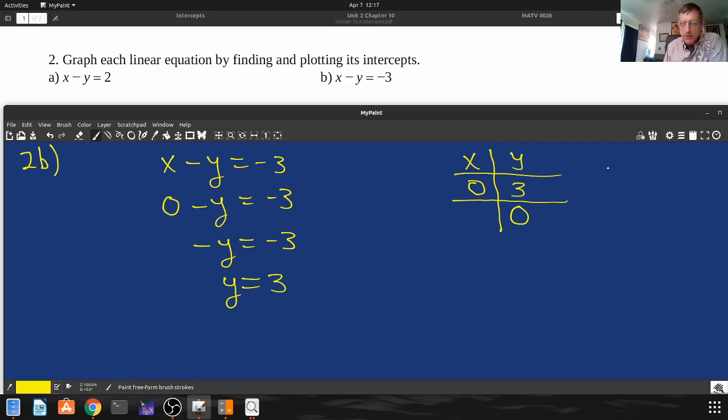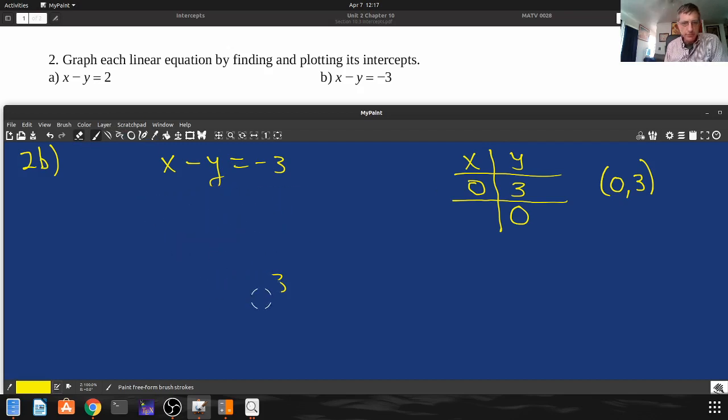So I just found a point. This point is the y-intercept. So now let's find the x-intercept. We find the x-intercept by making y equal to 0.